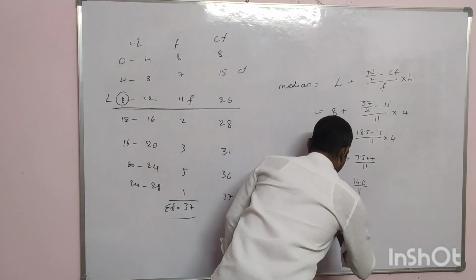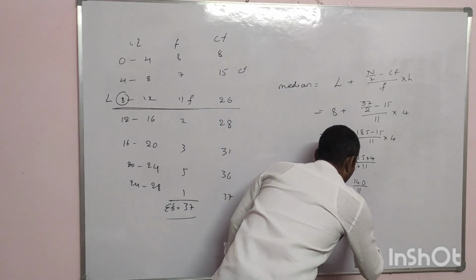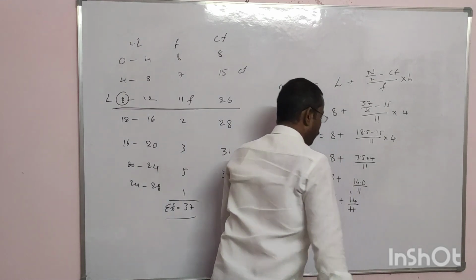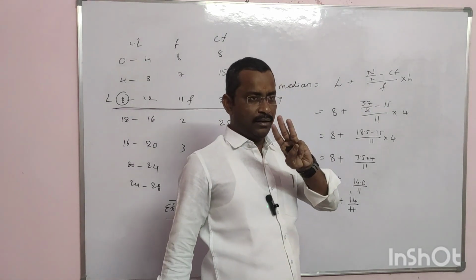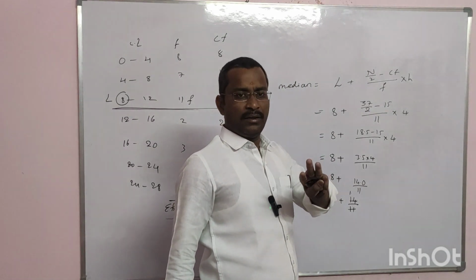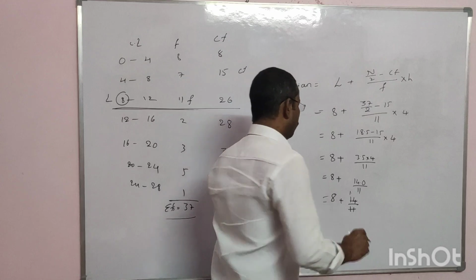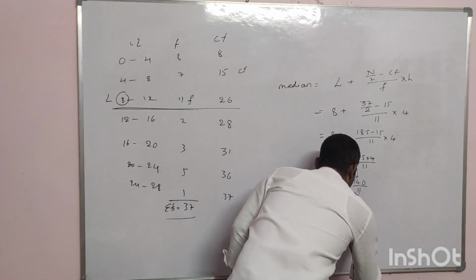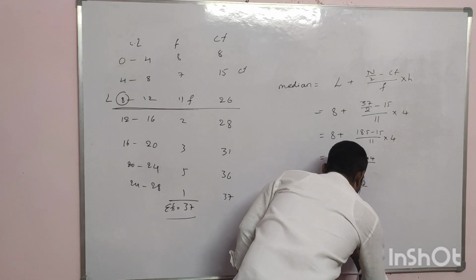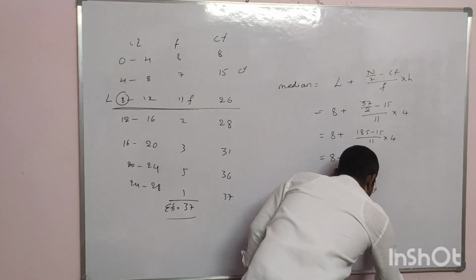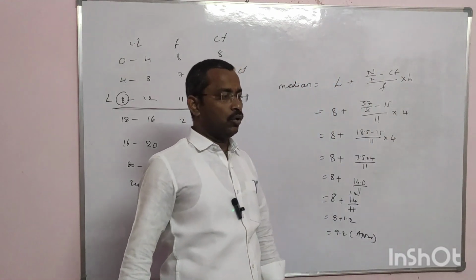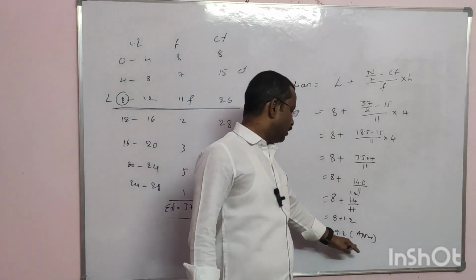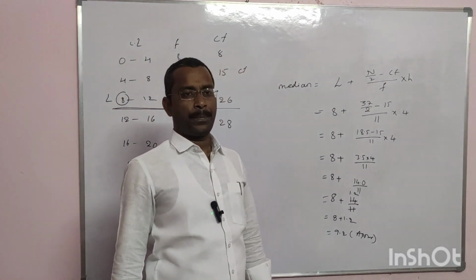Let's try approximately. 8 plus 14 by 11. 11 ones are 11. Balance is 3. So put a point. 30. So 30 in the sense 11 twos are 22. So you got 1.2. So 8 plus 1.2, 9.2. You can write approximately because you're not taking total values. Just mention it as 9.2 approximately.